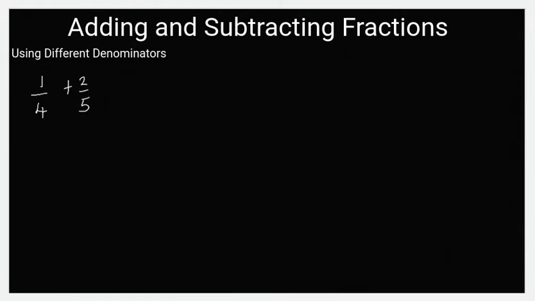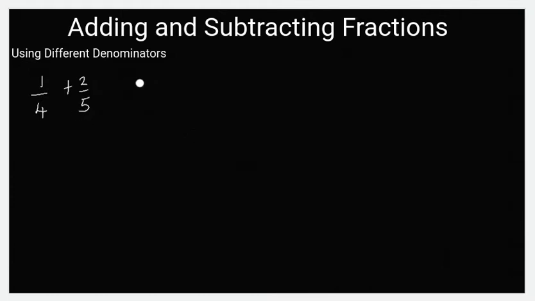The denominators have to be the same before you can add the numerators. And how can you have the denominators the same? One of the methods will be changing the fractions to their least common denominator. We're writing the fractions in that way.